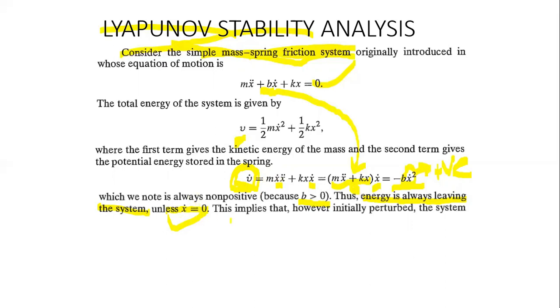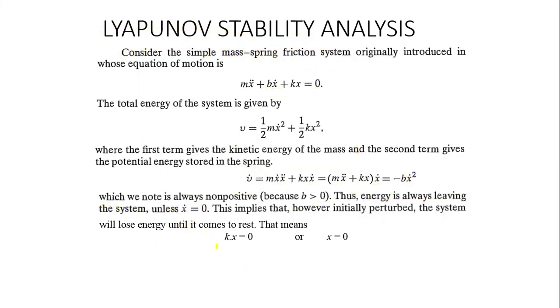That means however initially perturbed the system is, it will lose energy until it comes to rest. That means initially the system can store this much energy, that is kx, and initially the b x dot and m x double dot will be 0, because initially the system will not possess any initial velocity or initial acceleration, so these two terms will be 0.